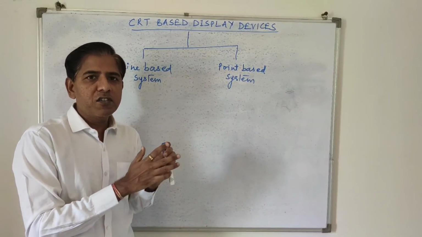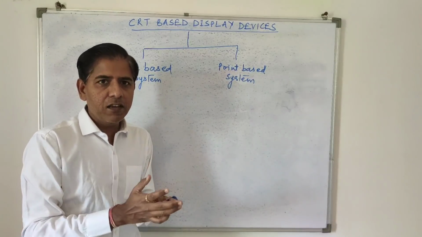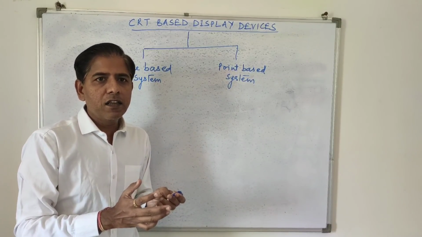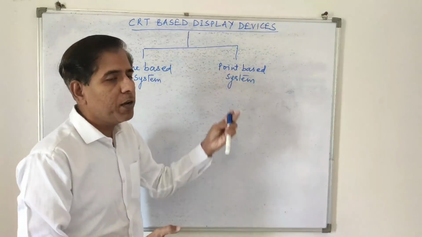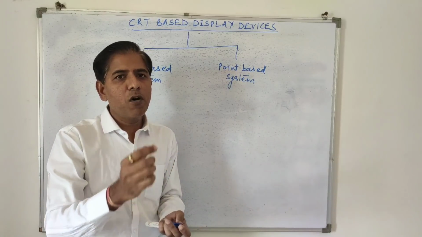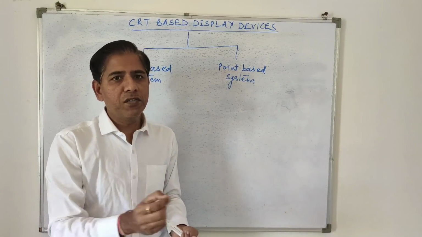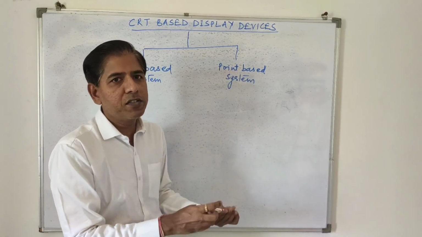Line based systems are those systems in which any entity on a screen is made up of small lines, and in point based system any entity on a screen is made up of points. That is the difference between a line based system and point based system.